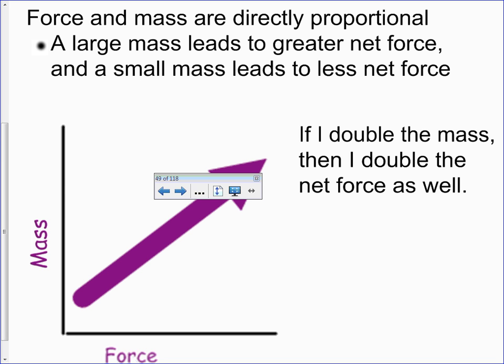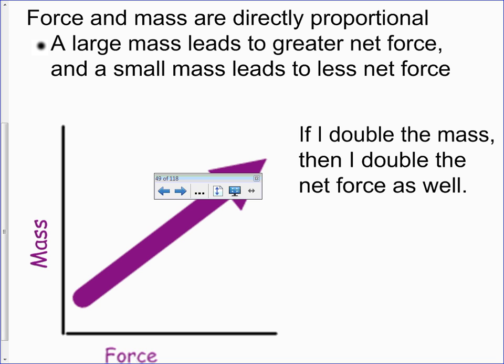So, if I have, let's go back to the planner and the textbook. Which one do I need to add more force to make them accelerate at the same rate? You're going to have to add more force to the textbook because it's heavier. So more mass requires more force.